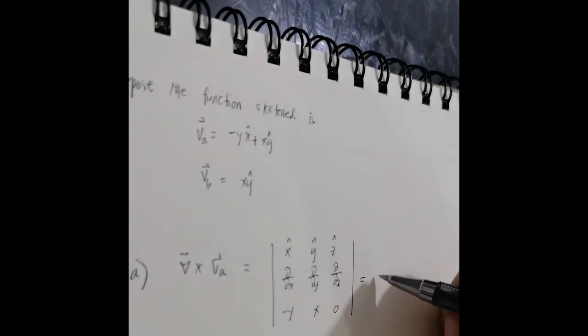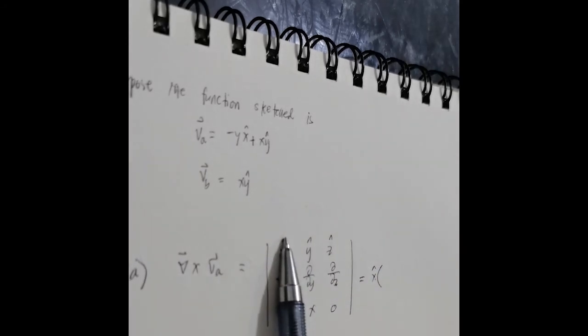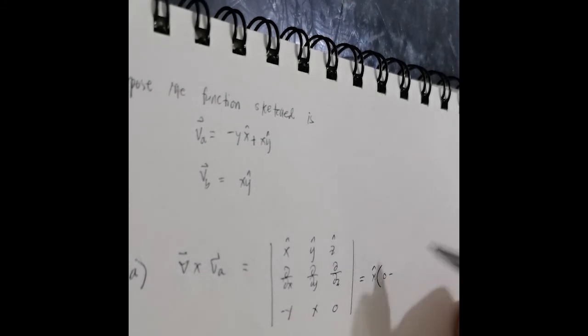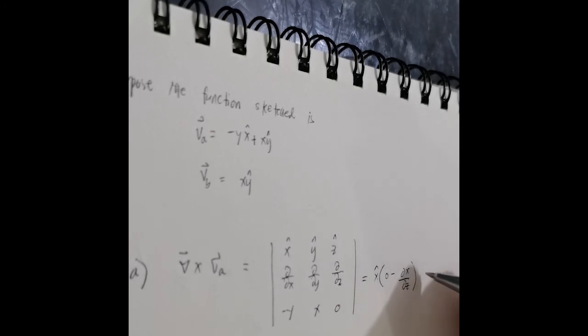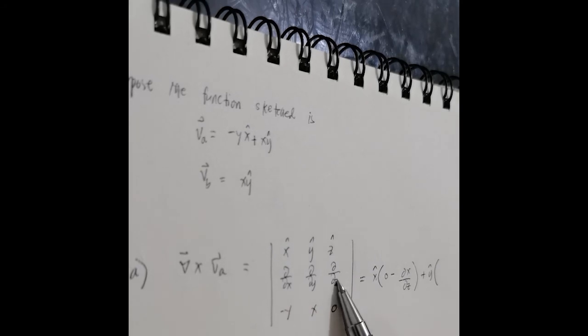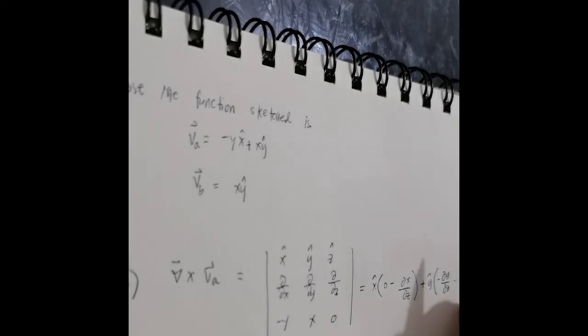So for x hat, we cover it, then we cross multiply. So this is 0 minus partial x, partial z, and then plus y hat. For the y hat, instead of starting here, we do the opposite. We start here: negative partial y, partial z, minus 0. This is 0.